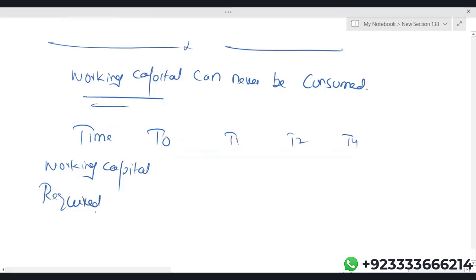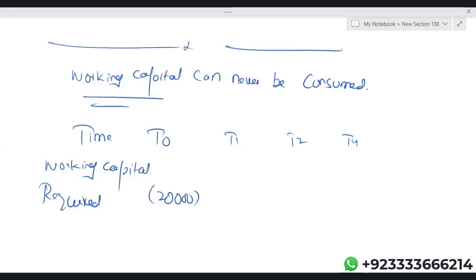Let's say the examiner is saying at the start of T1, we need working capital of 20,000. If it says start of T1, you have to show that at time 0. Now the examiner is saying, assuming at the start of T2, at the start of the second year, the working capital requirement is 30,000.